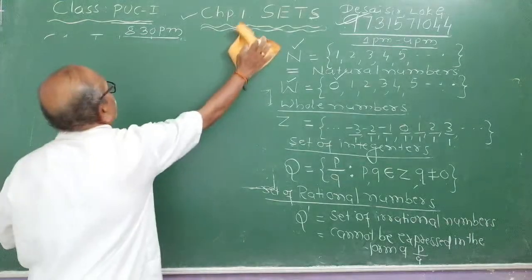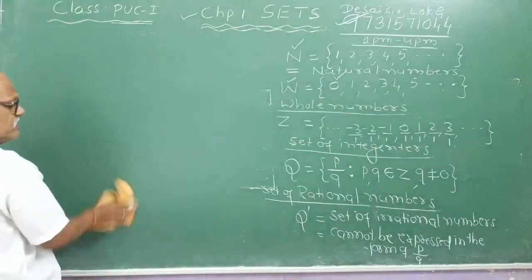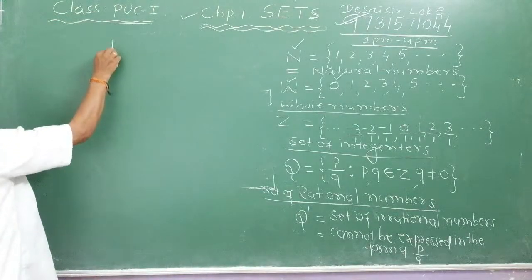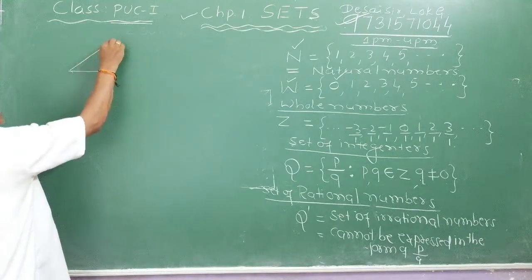This set of irrational numbers is also an infinite set. We discussed these irrational numbers in the 9th standard. I am just recalling it for you.